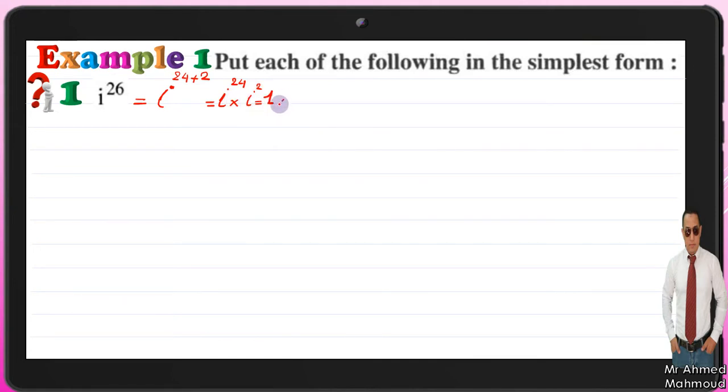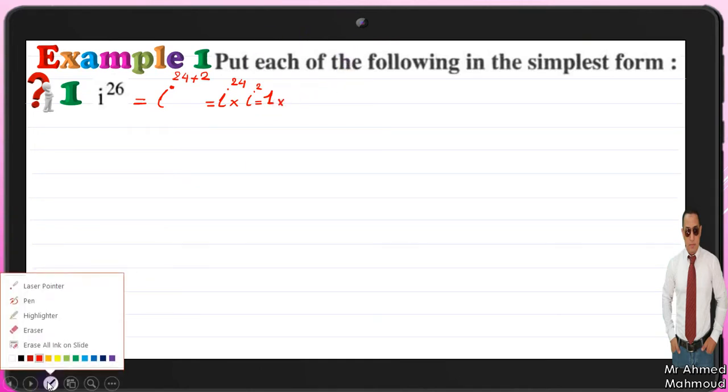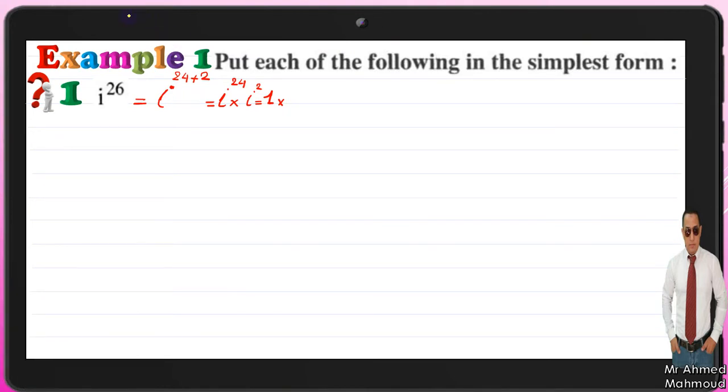And don't forget, i power 1 equals i, i power 2 equals negative 1, i power 3 equals negative i, i power 4 equals 1, and all the numbers in table 4 equal 1.